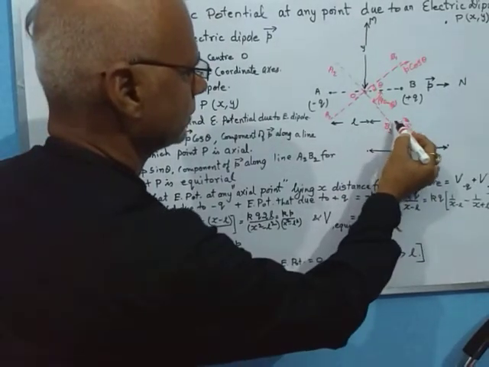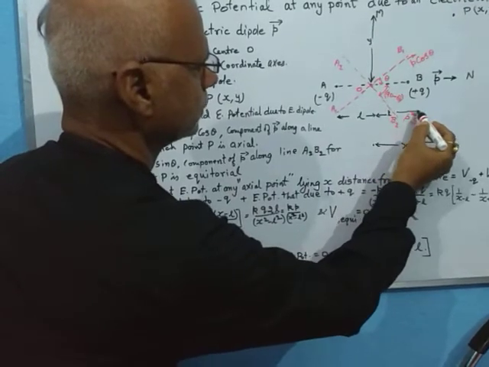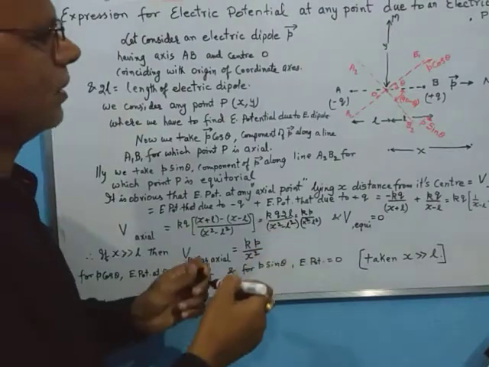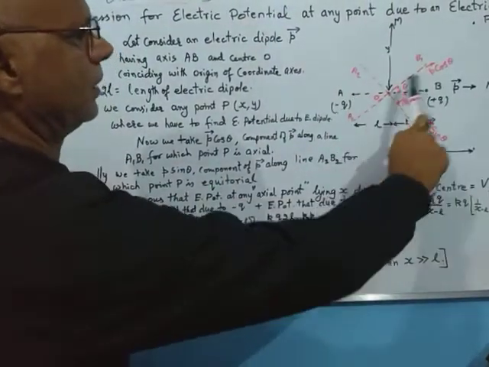So here you see, this is small l, this much distance. And now we have to find the electric potential at any point.